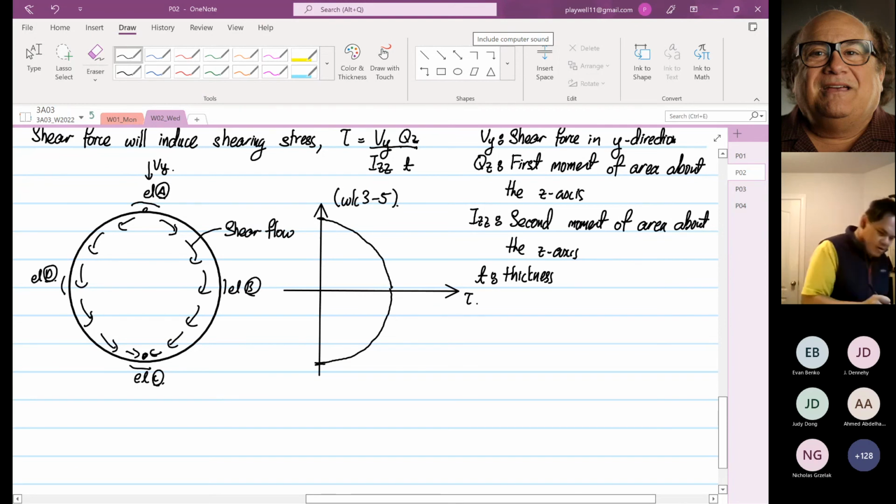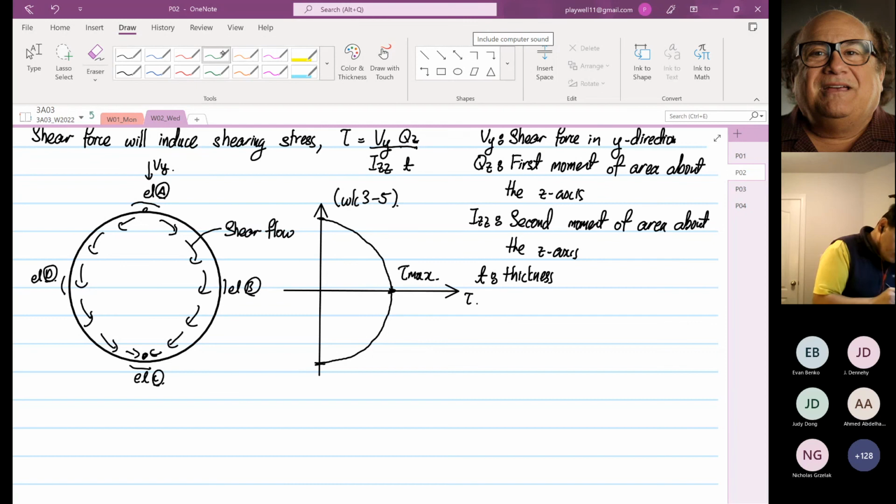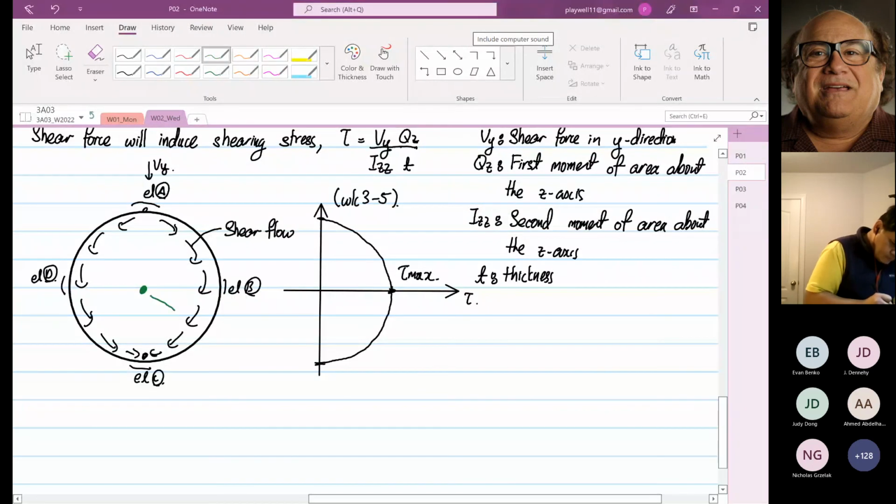Over here is where your tau max is. And then the green dot I'm going to draw, I'm still partially color blind, is known as our neutral axis or centroid.